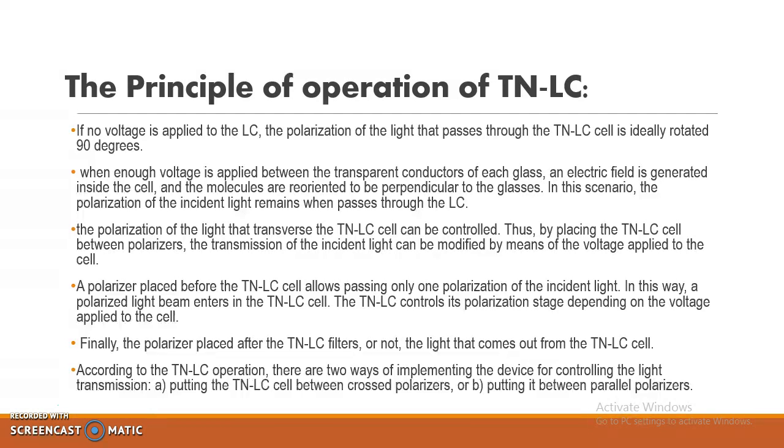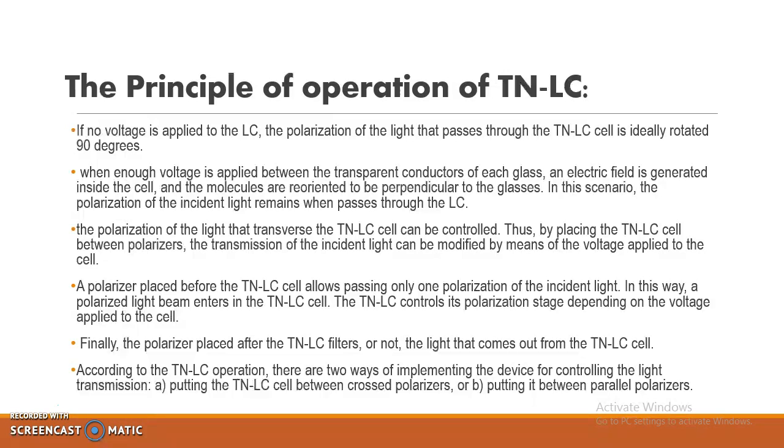So right now, this is the principle of operation for TNLC. If no voltage is applied to the liquid crystal, the polarization of the light that passes through the TNLC cell is ideally rotated 90 degrees.